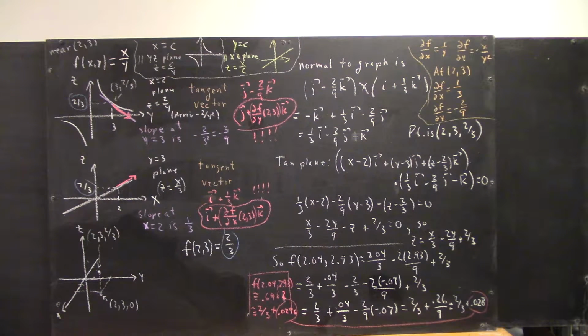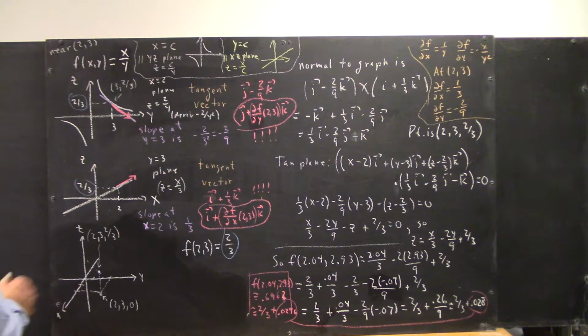Now we know that in the plane where x equals 2, this thing has a graph that looks like this, and it has a tangent line and a tangent vector. So let's see if we can incorporate that into this picture.